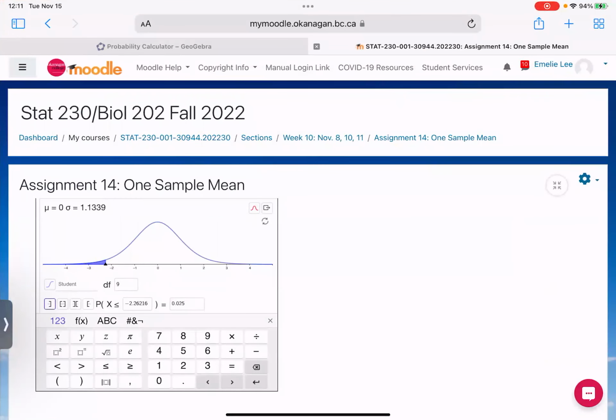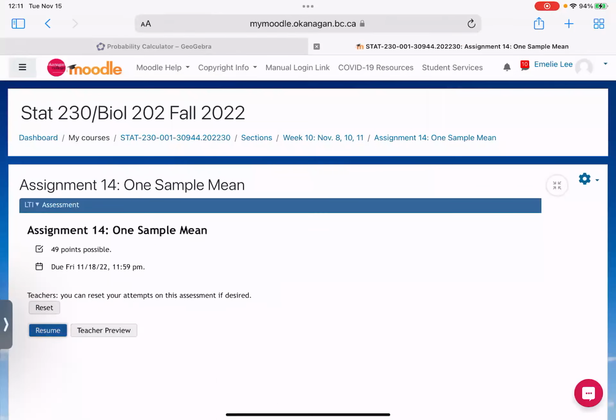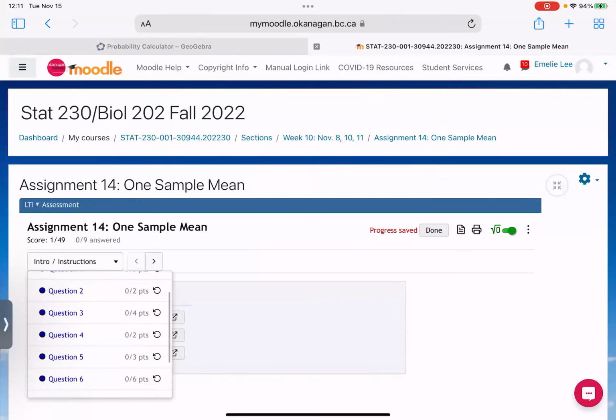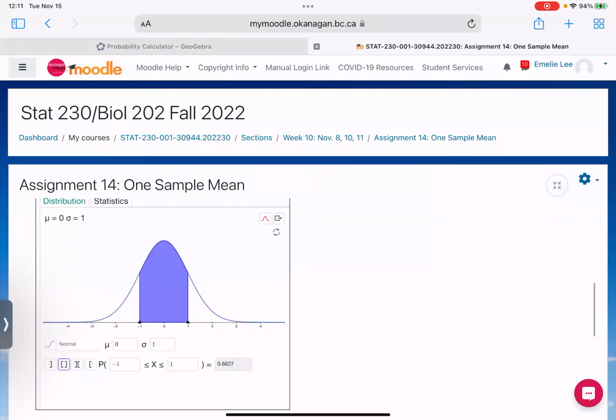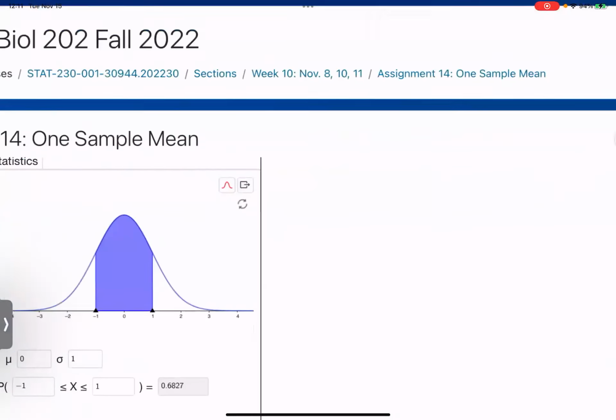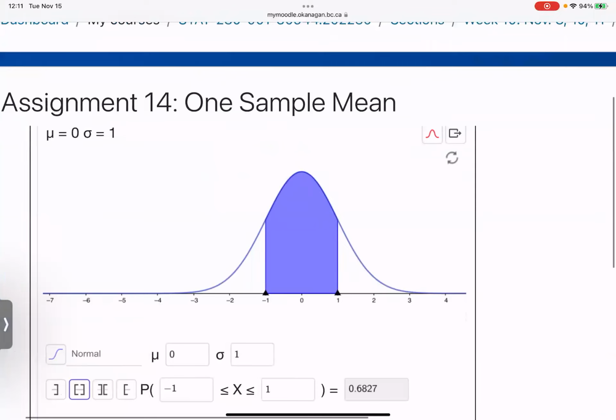Now, what I'm finding is the probability calculators inside the assignments are showing up fine. It's just when I go to the raw link, it doesn't show me the bottom. Okay, here's what it looks like.